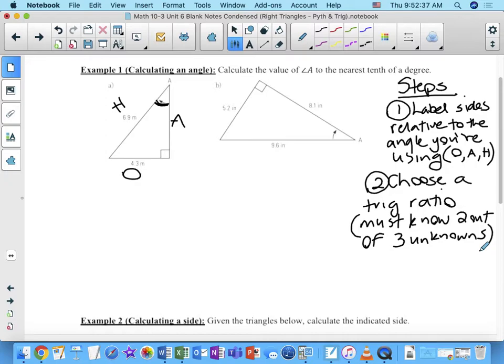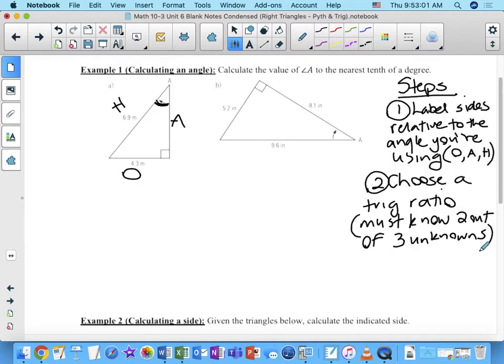Okay, which 2 sides do we know? What are the 2 sides called that we know? Opposite and hypotenuse, yeah. Which trig ratio uses opposite and hypotenuse? Yeah, sine, yes.